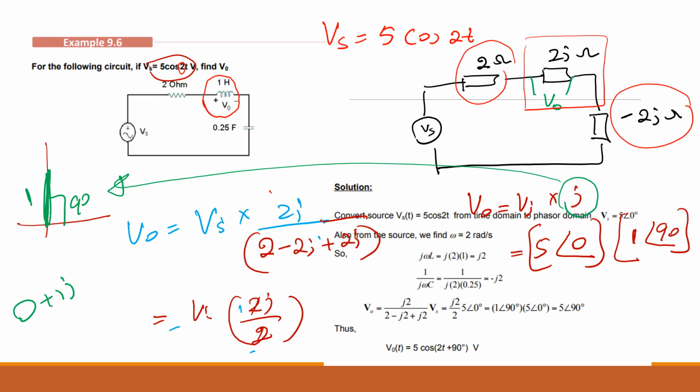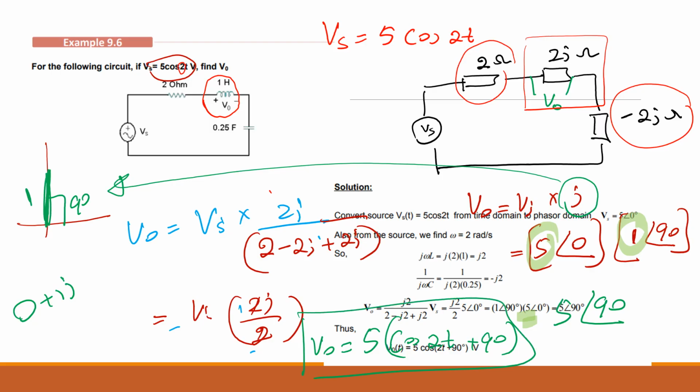So in that case, these two you can multiply and the angles you can add. Agree? So you can say 5 times 1, at 90 degrees. So you can write your V naught. V naught will be 5 cos(2t plus 90). Agree? Yes, so if you get this question in your final exam, your final answer should be this.